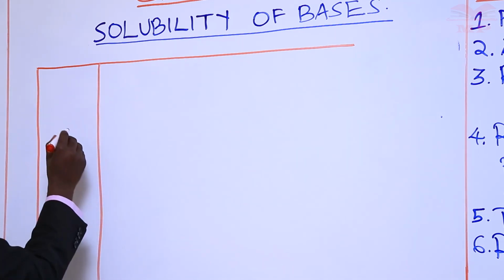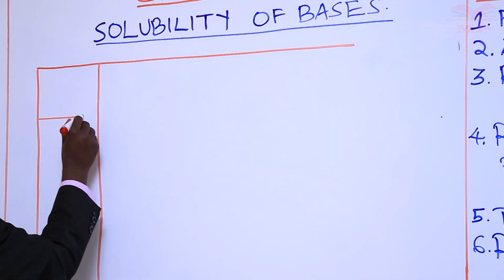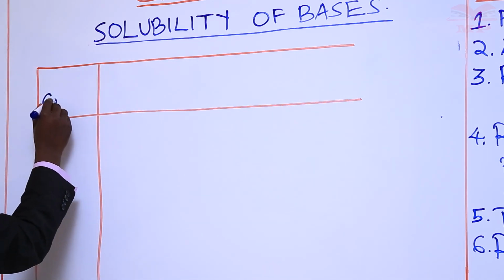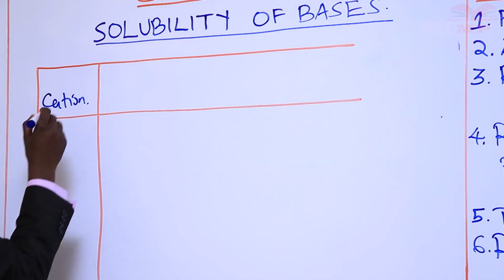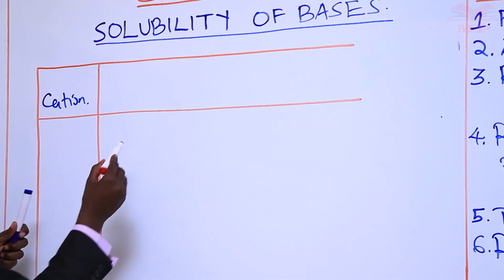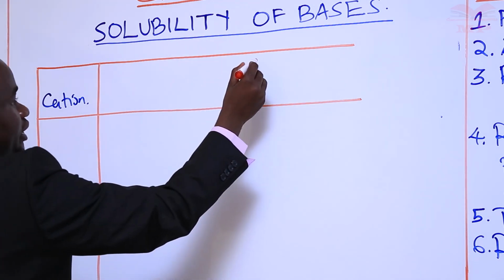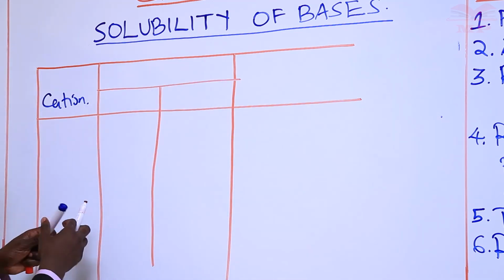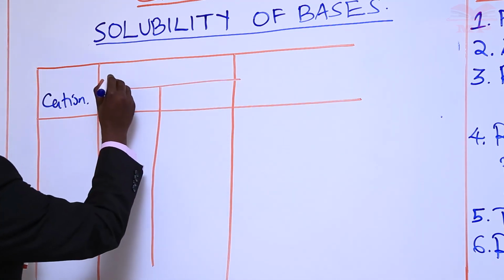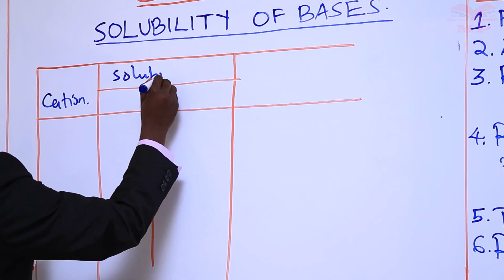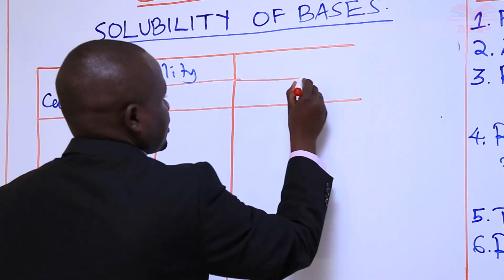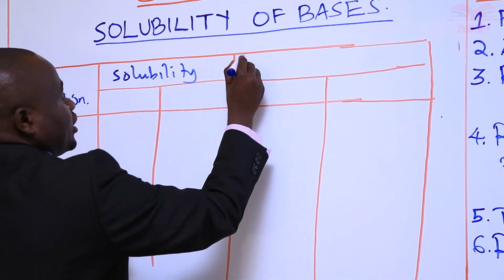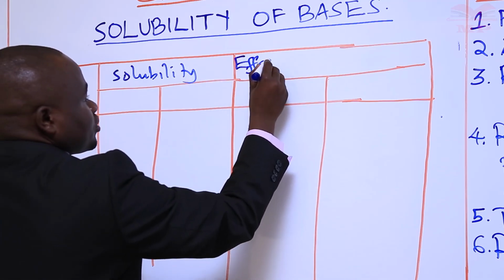In the first column, we shall put our cation there. Then the second column we divided into two. So in the second column we shall mention here the solubility. Then here we shall have the effect of the resulting solution.